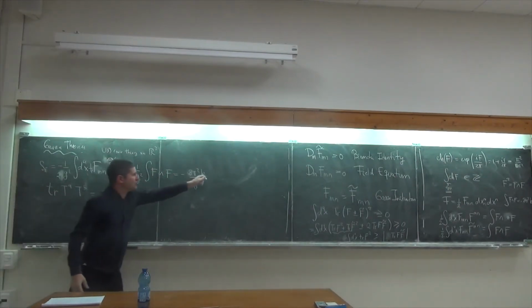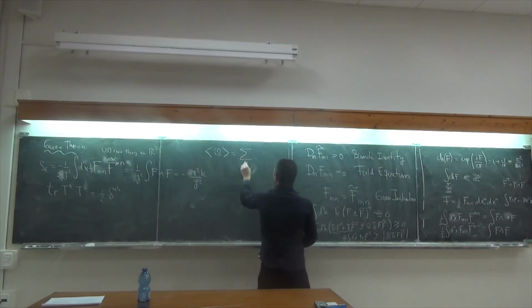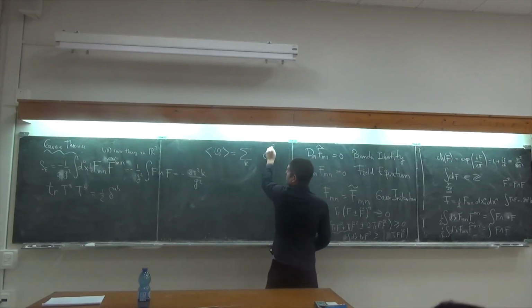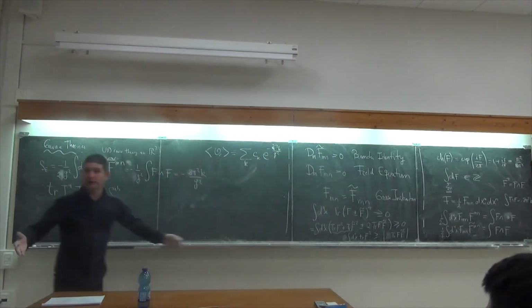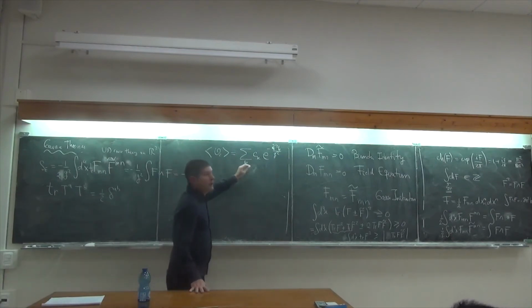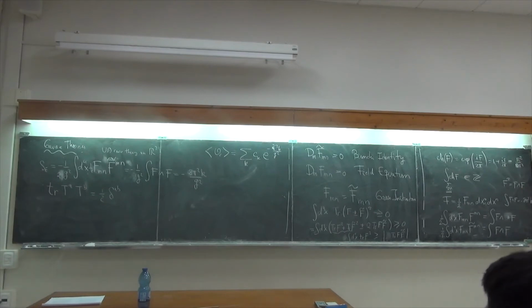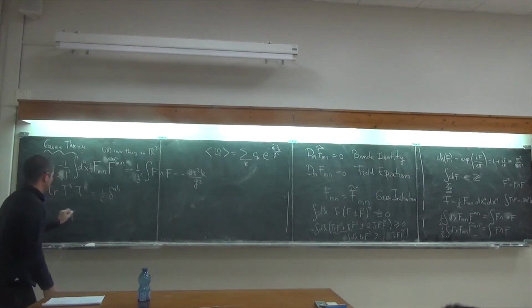If k is large, what we are saying is that the correlators will be a sum over k of this factor e to the minus 8 pi squared k over g squared, and here some numbers. Any correlator in quantum field theory will be a sum over k. The first one, k equal to 0, is the one that we are used to. It's just the vacuum in which F is equal to 0.